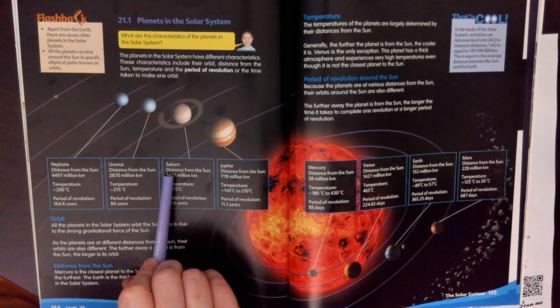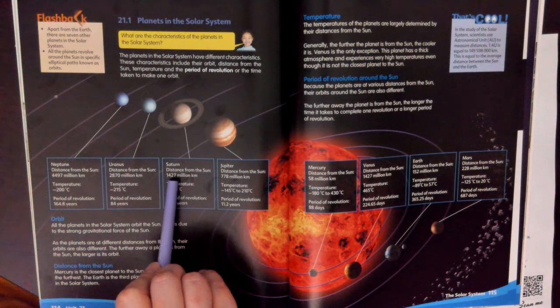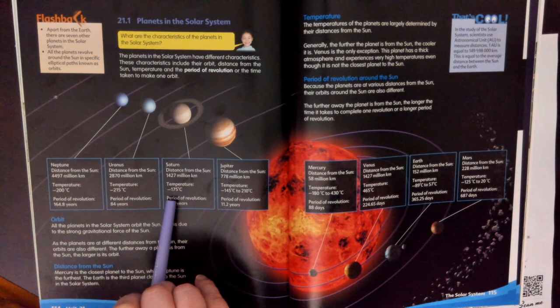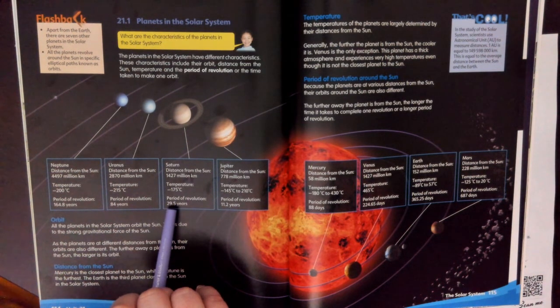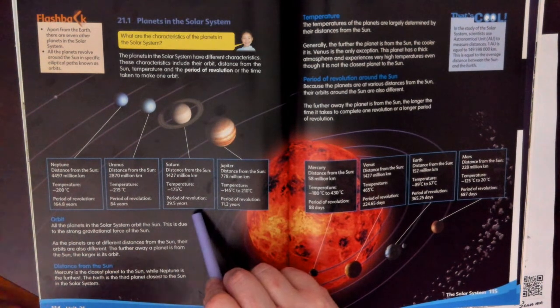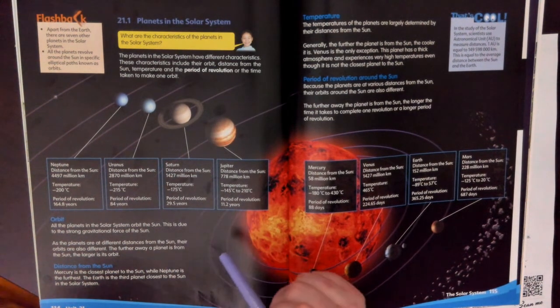Saturn. Distance from the sun, 1,427 million kilometers. Temperature, negative 175 degrees Celsius. One Saturn year is 29.5 Earth years. So hey, I have been alive longer than one Saturn year.